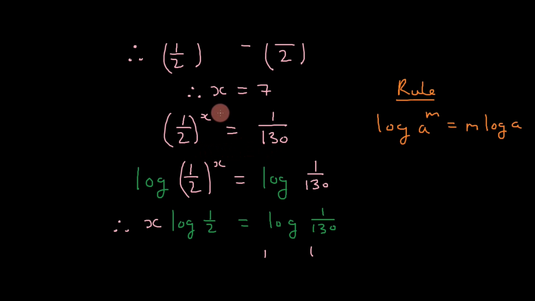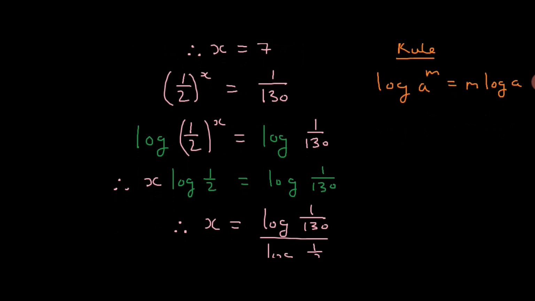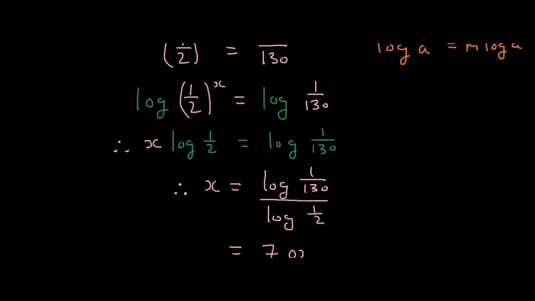on both sides, and where we have to find the index or power as an unknown. Then also important to note about logs is let's say we have the log of a number x. Then if x is between 0 and 1, in this case a half is between 0 and 1, 1 over 130 is between 0 and 1.